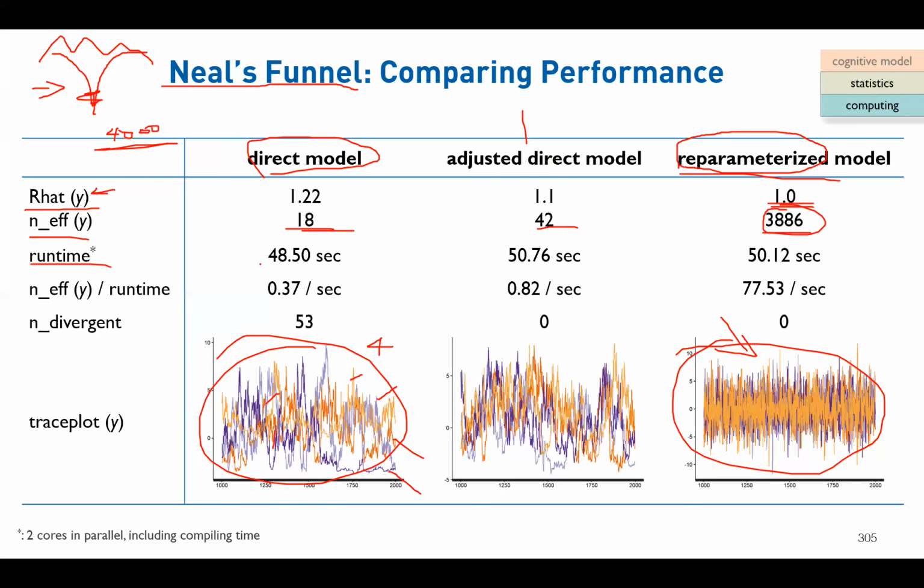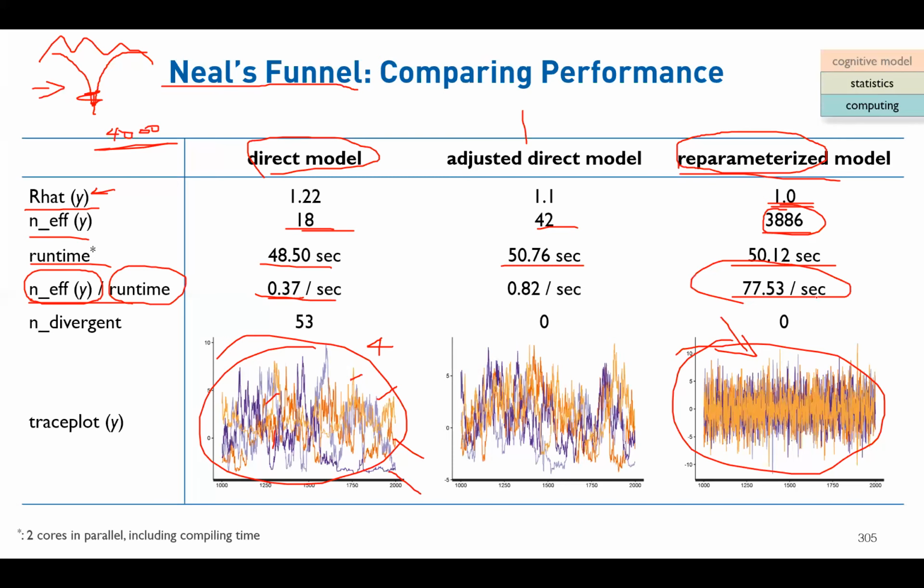So the time to run it doesn't really differ too much. All 3 versions take around 50 seconds. What matters is, if you do the calculation per time unit, how many effective samples can we achieve? In 1 second, we don't even have half an effective sample.